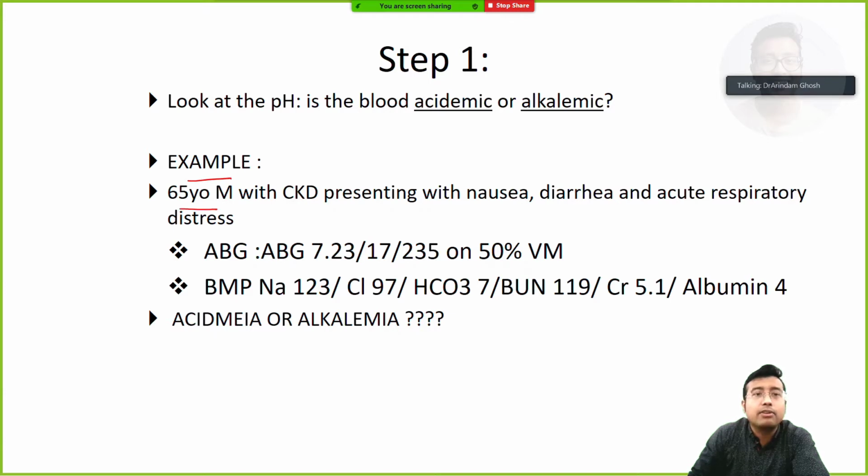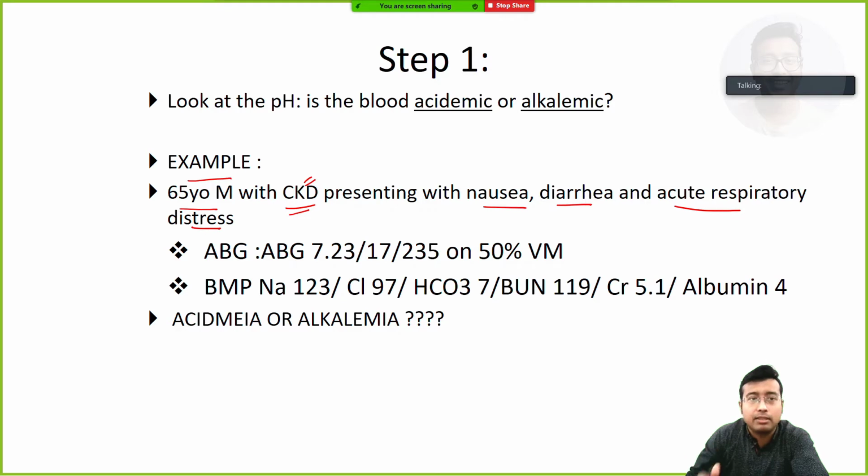A 65-year-old male presents with CKD, chronic kidney disease, a term that we will be reading much more when we are reading urea, creatinine, all those parameter analyses. He presents with nausea, I mean tendency to vomit, diarrhea and acute respiratory distress.